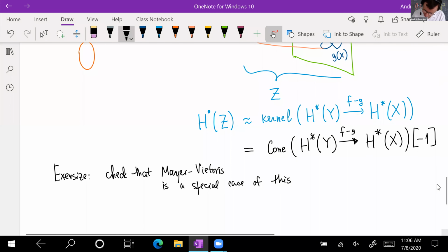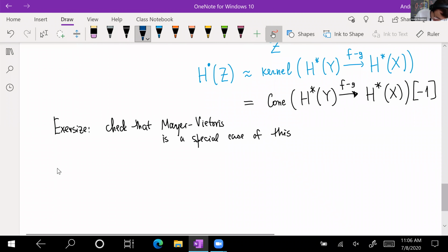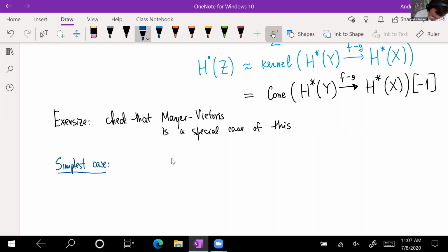We will only check the simplest case. The fundamental, simplest case of Mayer-Vietoris is gluing of just really one cell. So what does it mean in this language to glue one cell?